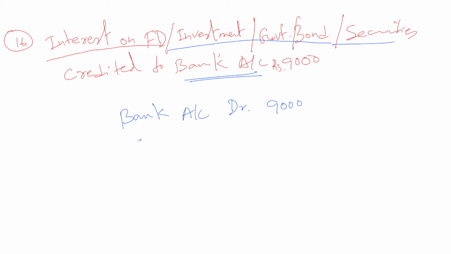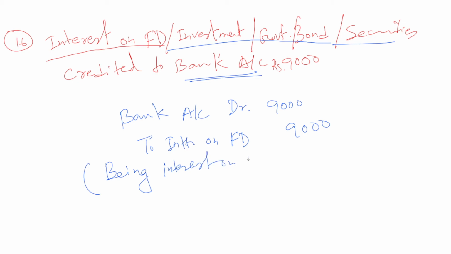Bank account debit 9,000 to interest on FD 9,000, being interest on FD credited to bank account, right?